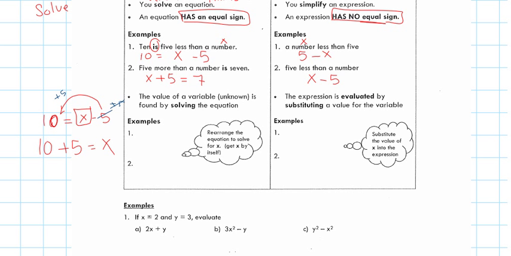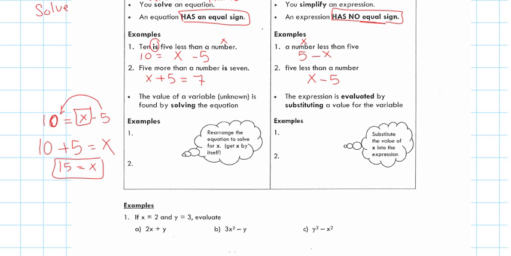Okay? I like to see it as I'm moving it to the other side, so I'm performing the opposite operation. Okay? But both ways are exactly the same thing. Okay? 10 plus 5 is 15 equals x.